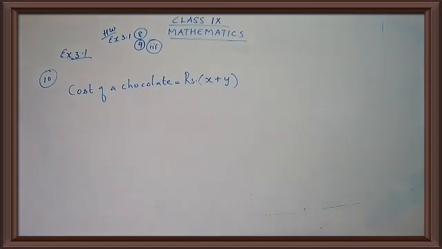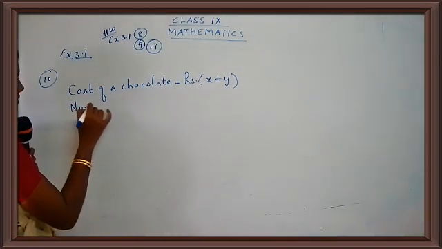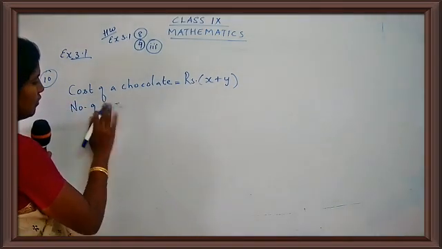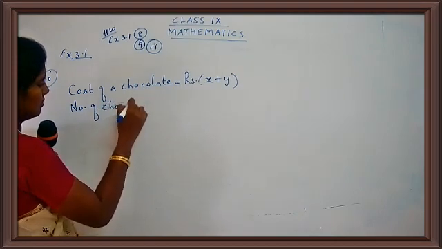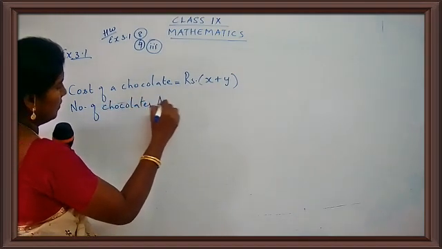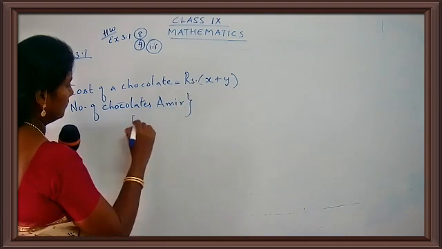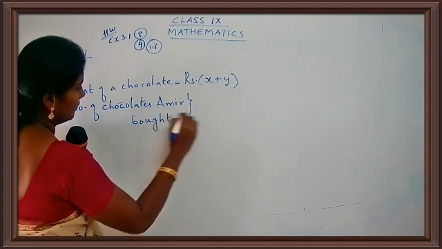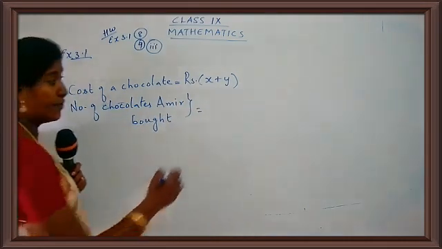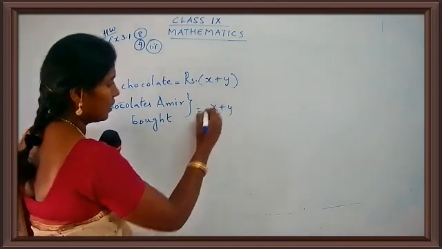And number of chocolates Amir has bought. Amir has bought x plus y chocolates. Mention here, number of chocolates Amir bought. How many chocolates has he bought? He has bought x plus y chocolates.